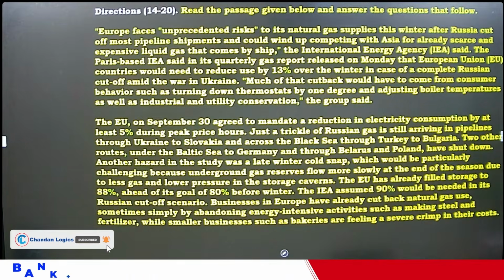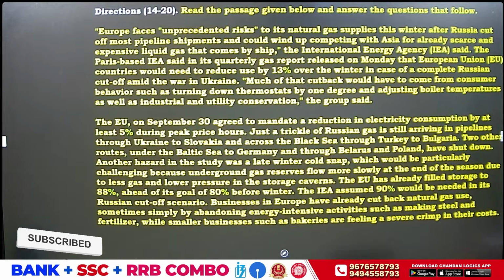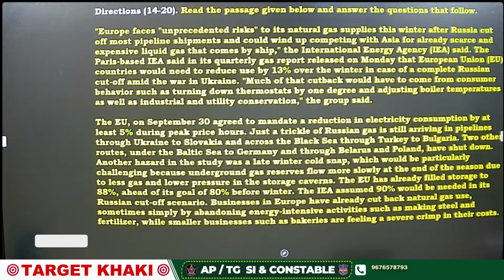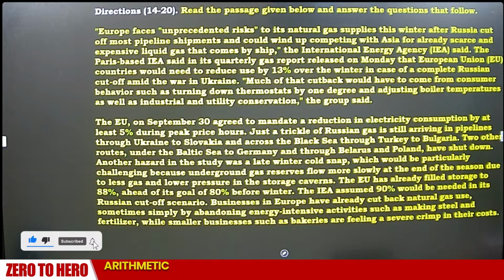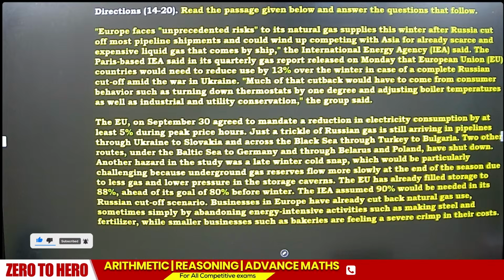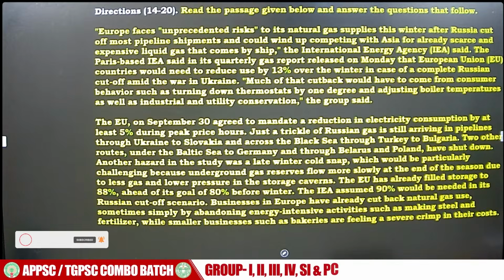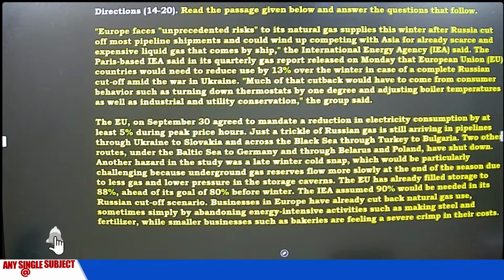Everybody read the passage. Max time 180 seconds. I'll wait for you. One minute done. Last 2 minutes.